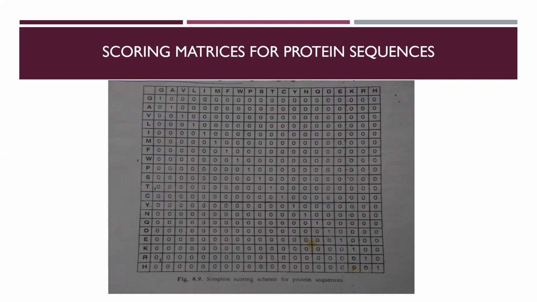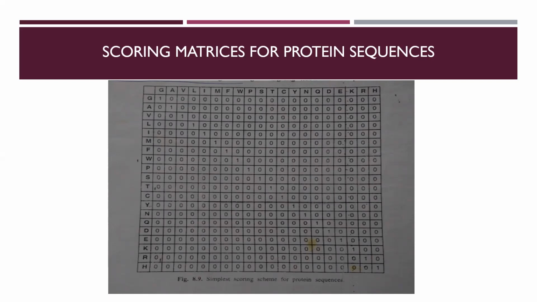Please understand, the scoring matrix shown here is the simplest scoring matrix for protein sequences, wherein a score of 1 is given for a match and a score of 0 for a mismatch. But this is a very simple scoring matrix which does not give enough information about the sequences involved in the alignment. So better scoring schemes have been devised for protein sequences.